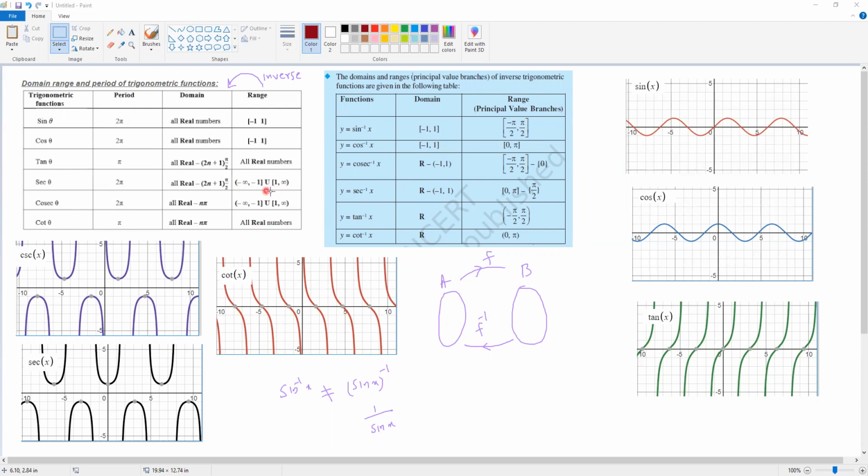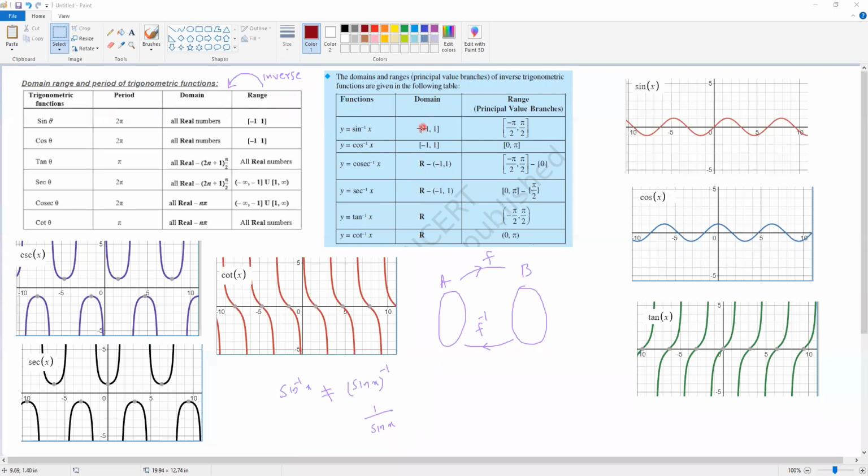It will not take values between -1 and 1, because sec and cosecant are the reciprocals of sine and cos. Sine and cos take values between -1 and 1, so their reciprocals take values either 1 or right side of 1, or -1 or left side of -1. That is why the domains of cosecant inverse x and sec inverse x are the set of all real numbers except numbers between -1 and 1. Clear? So did the domain of the inverse function make sense?